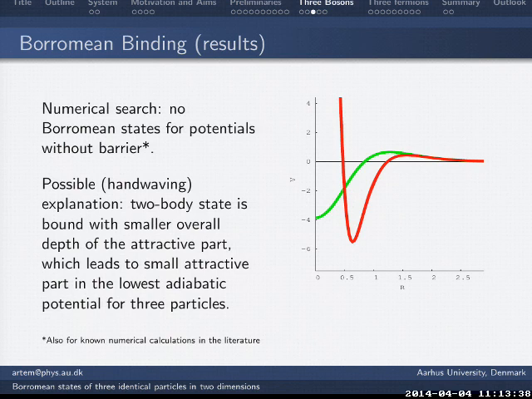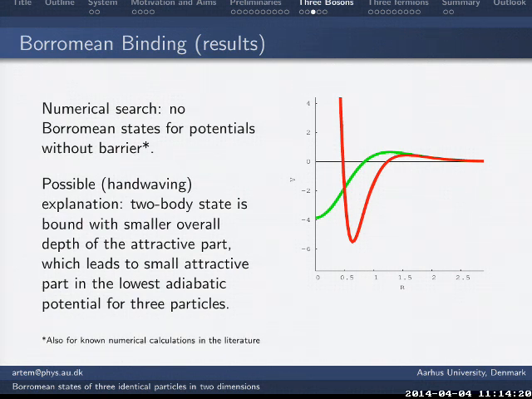What we find in our numerical search is that we don't have Borromean states for potentials without a barrier. Potentials that look like this can provide a Borromean state in our numerical search if they are deep enough at the two-body threshold. But if you have a potential without a barrier, then we couldn't find it numerically. It does not mean that you can't have a Borromean state for such potentials, but we couldn't find it numerically.